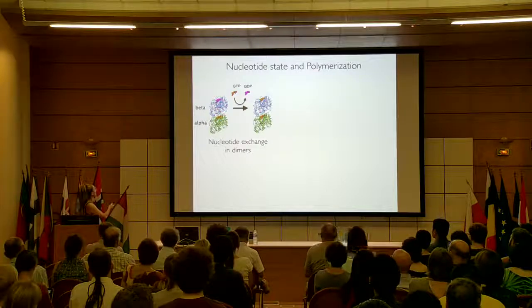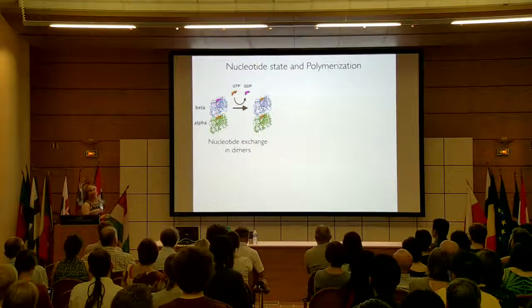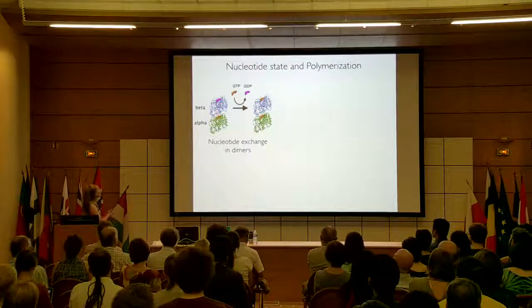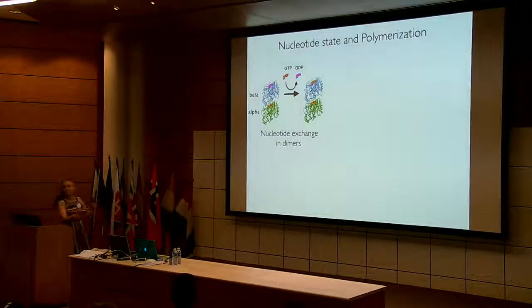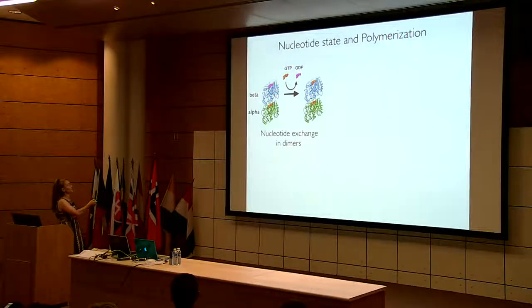Beta tubulin is always going to be blue and alpha green, and the nucleotide that binds in alpha tubulin is the N site, for non-hydrolyzable nucleotide. This is put in there during the process of biogenesis of the dimer, and then it just remains there, is not exchangeable, is not hydrolyzable, and is trapped at the monomer-monomer interface within the dimer. But this is not the site of action.